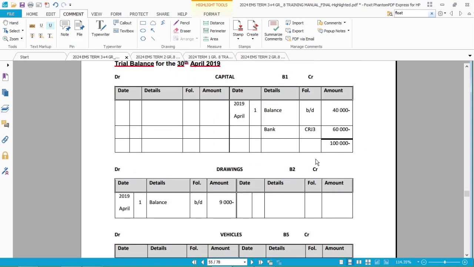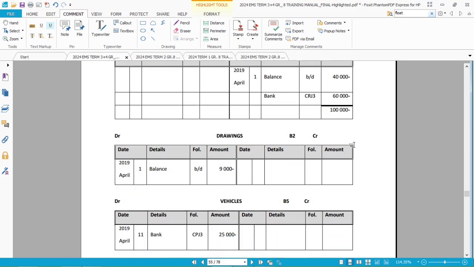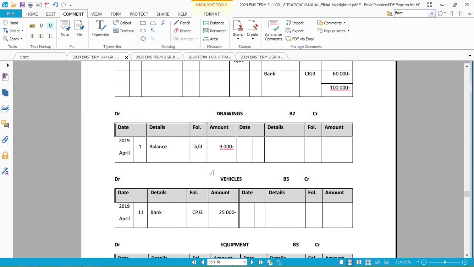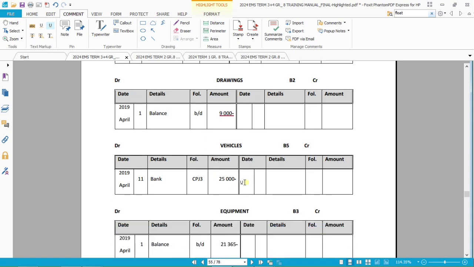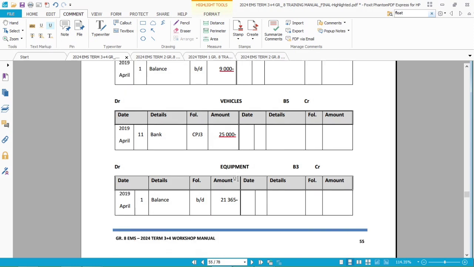The amounts I'll be using are the last amount of every single account. Capital I'll be using 100,000, drawings 9,000, vehicles 25,000. But I want you to notice something. With this general ledger, you're not given a plus and minus, you're just given debit and credit.